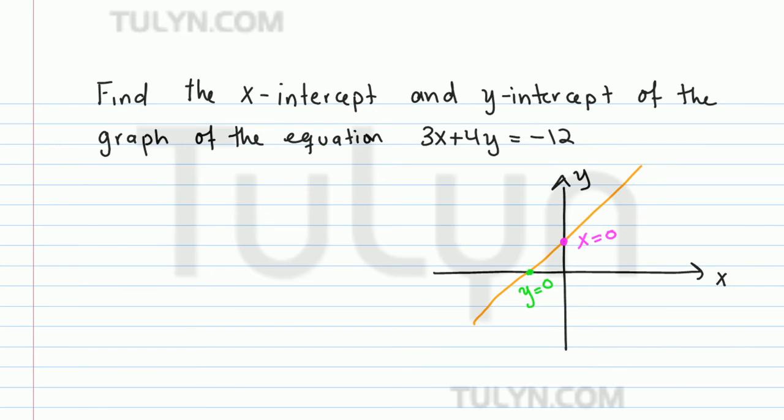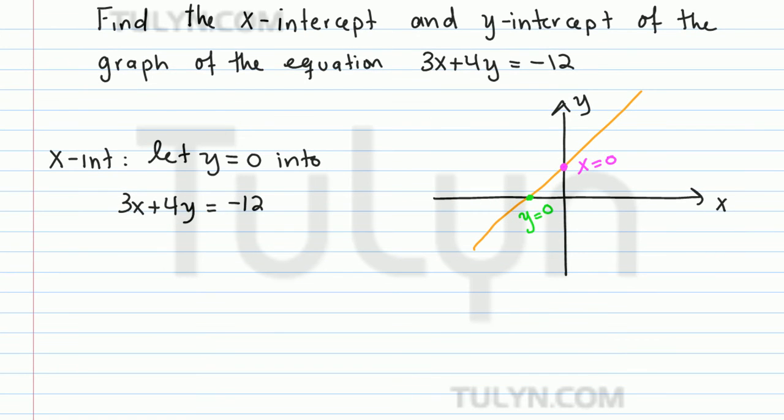So first, let's find the x-intercept. Now, as we said, the x-intercept is the point where y is equal to 0. So we want to let y equal 0 in 3x plus 4y is equal to negative 12.